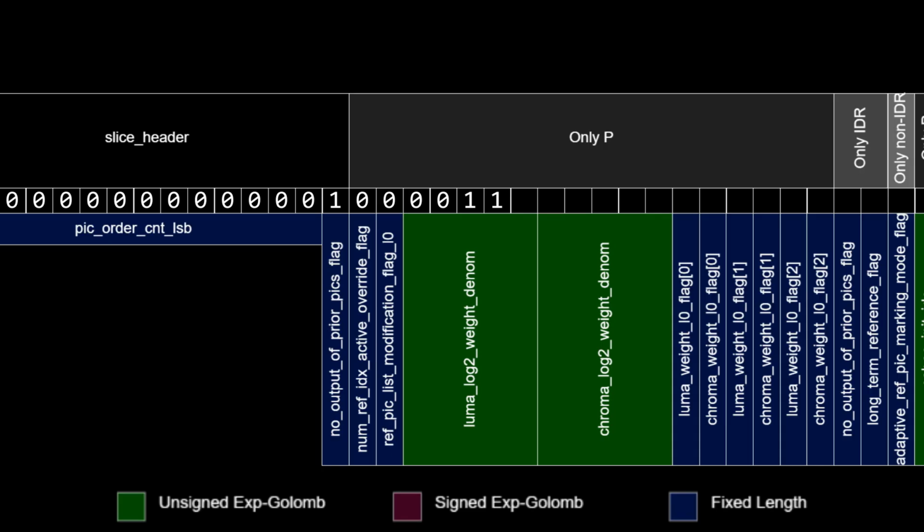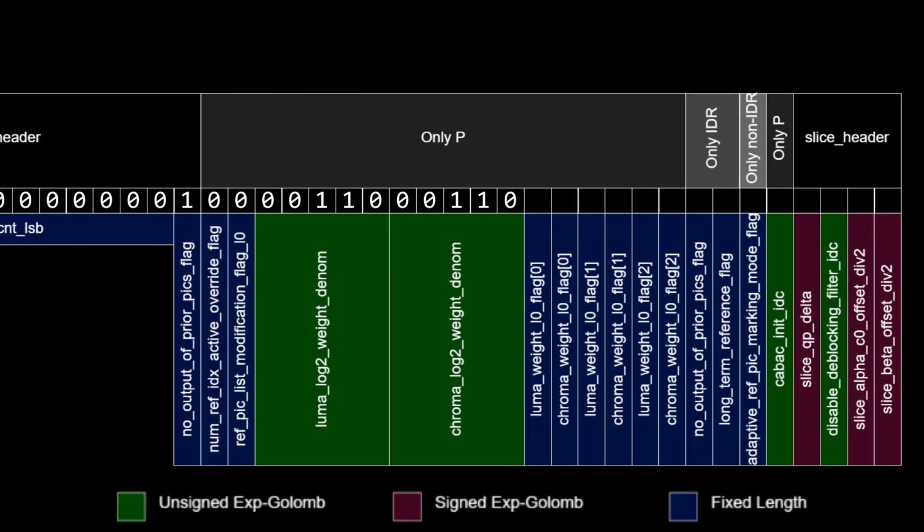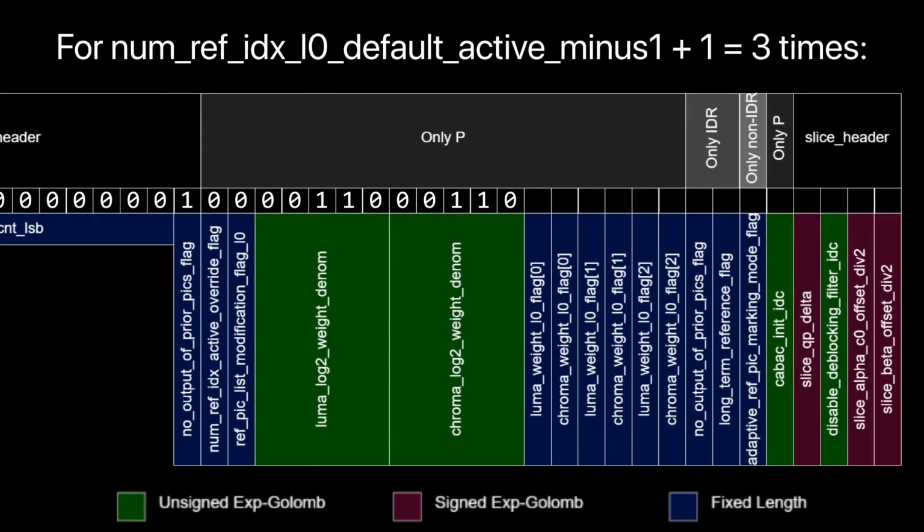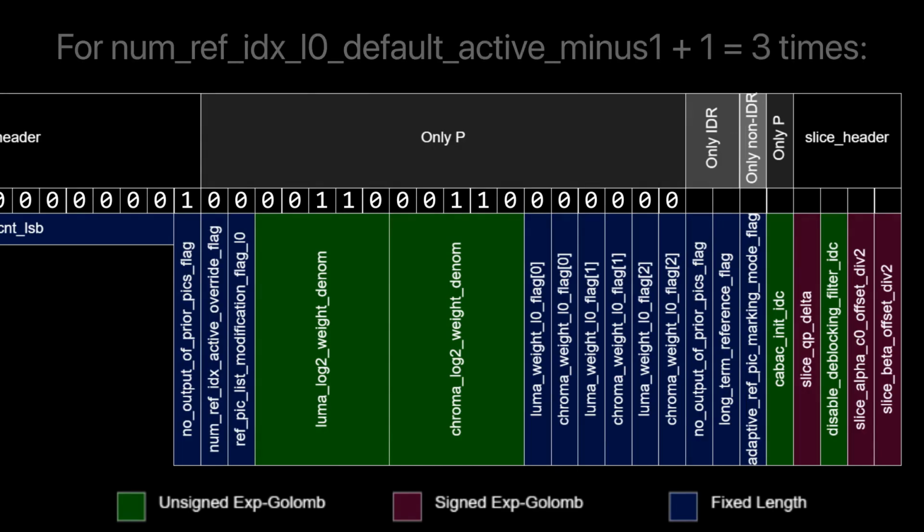We'll set it to 5. Next is the Chroma log2 weight denominator, which determines the Chroma weight position, and we'll also set it to 5. After, coming from our PPS, for num-ref-idx L0 default active minus 1 plus 1 times, encode 2 zeros indicating that Luma and Chroma weights aren't modified.